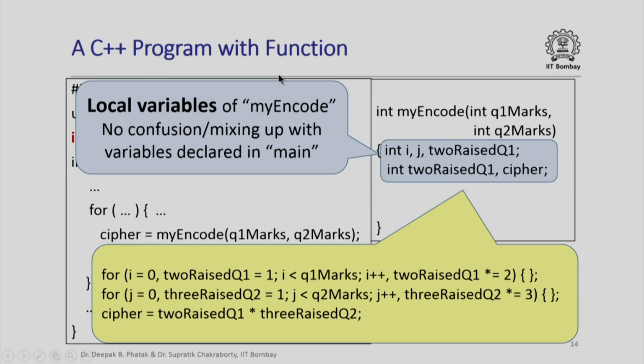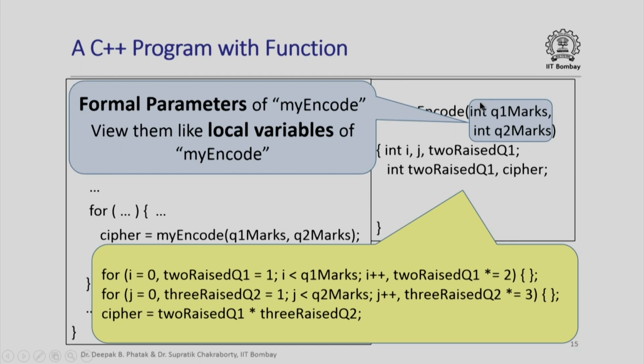So in this case, we can declare these variables once again inside the function my encode, and these will be local variables of my encode. They will never be mixed up with the variables declared in main unless we explicitly ask for sharing of variables between functions. In fact, we passed values to my encode through these two variables, q1 marks and q2 marks of type int.